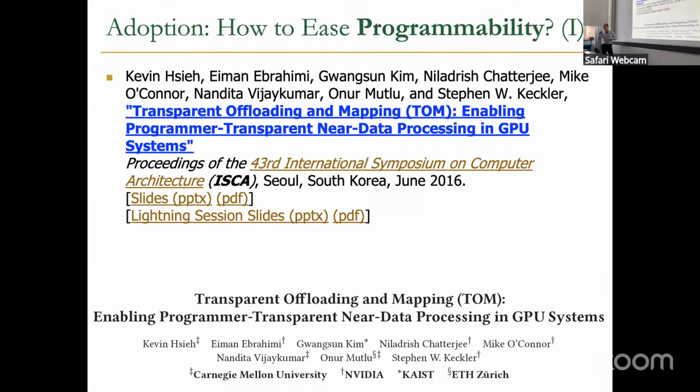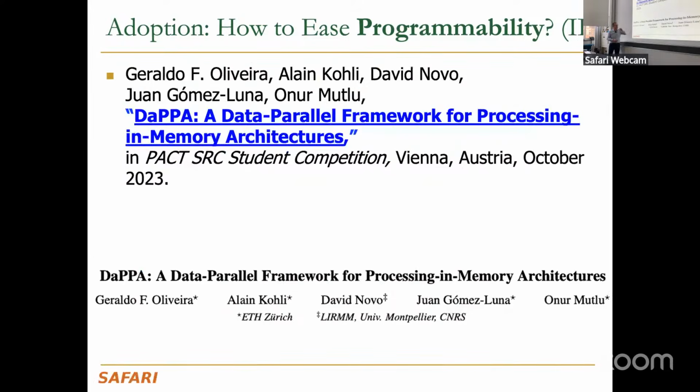And if you have some near-memory GPUs, relatively small GPUs in a 3D-stacked logic layer, you can offload some of the warps, the memory-intensive code, to those near-memory GPUs. And compute-intensive code executes in the big GPU. And we have a way of doing this completely transparently to the programmer, along with a data mapping mechanism. So this is one of the older works.